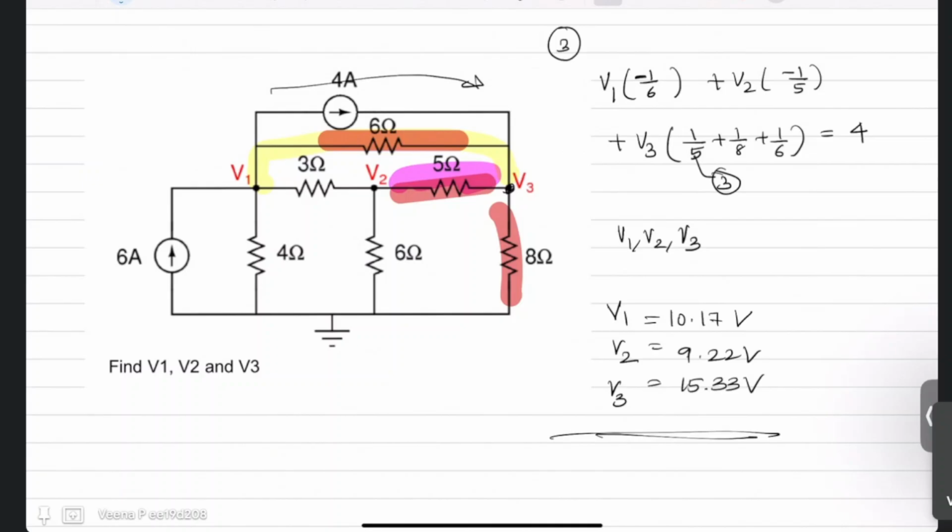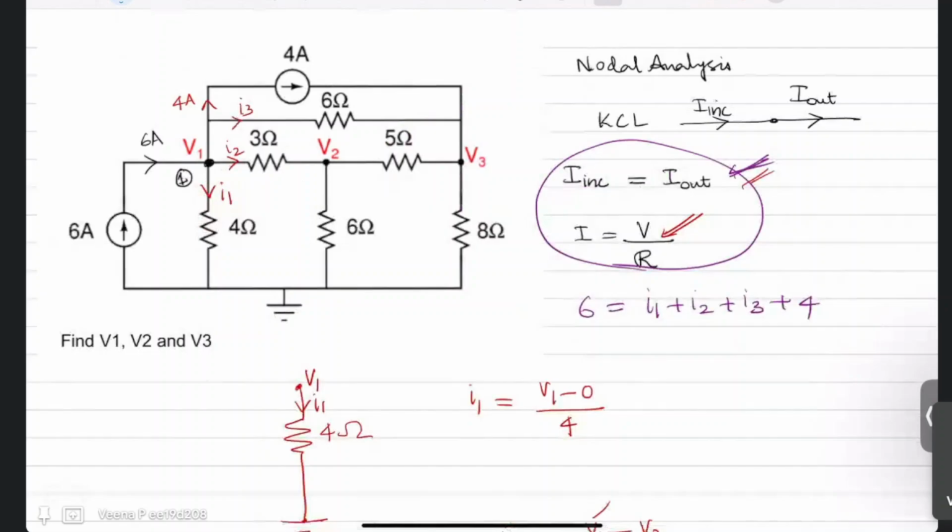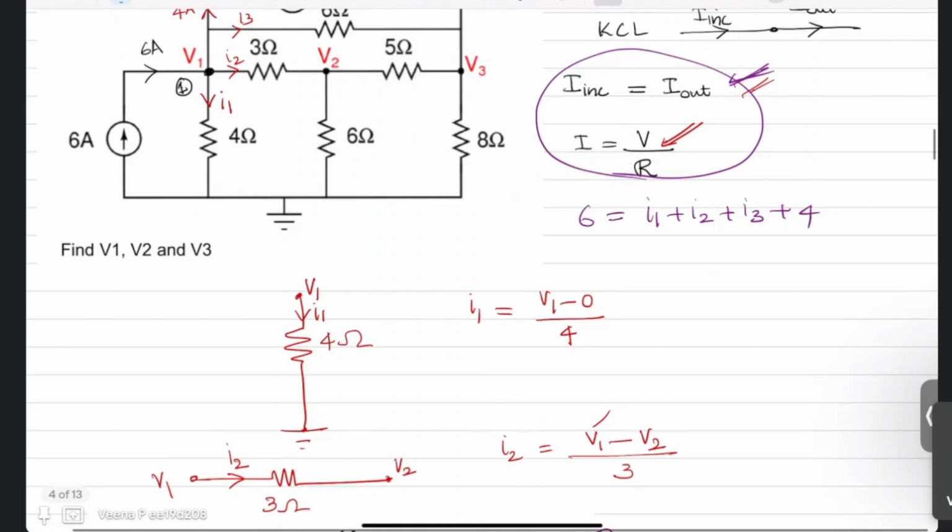This is your answer. If there is any doubt, please ask. If not, we'll move on to the next problem.